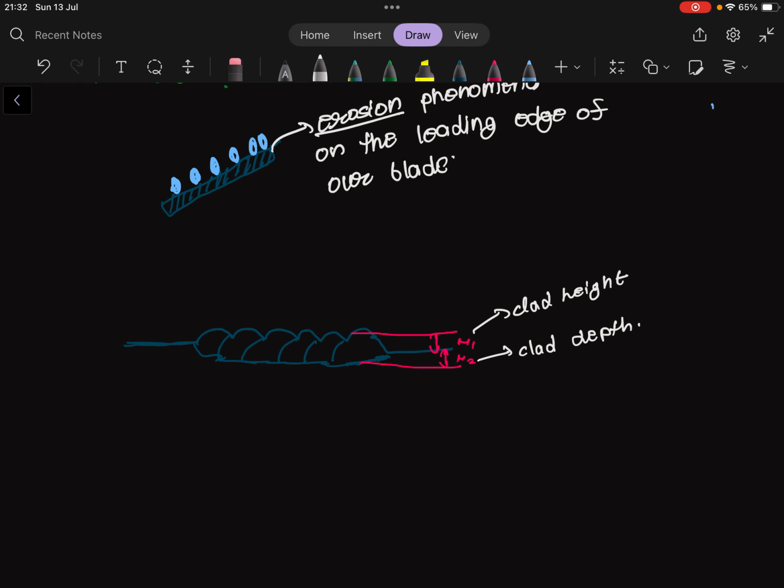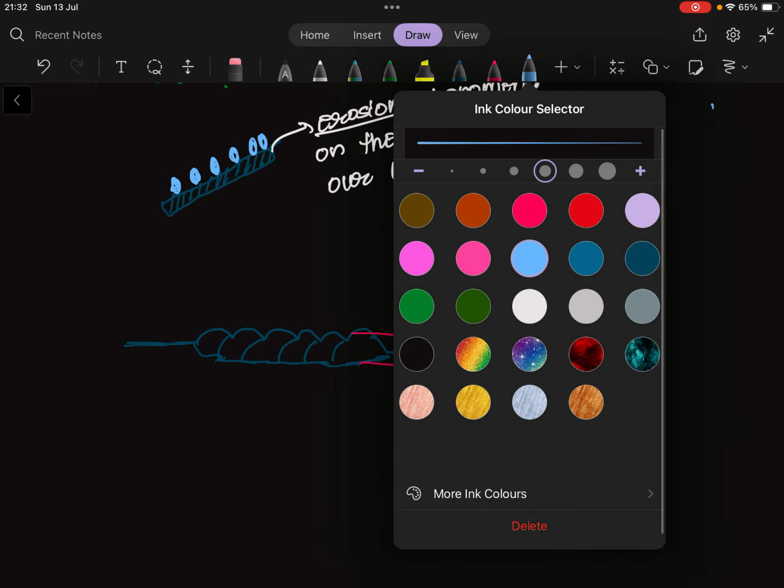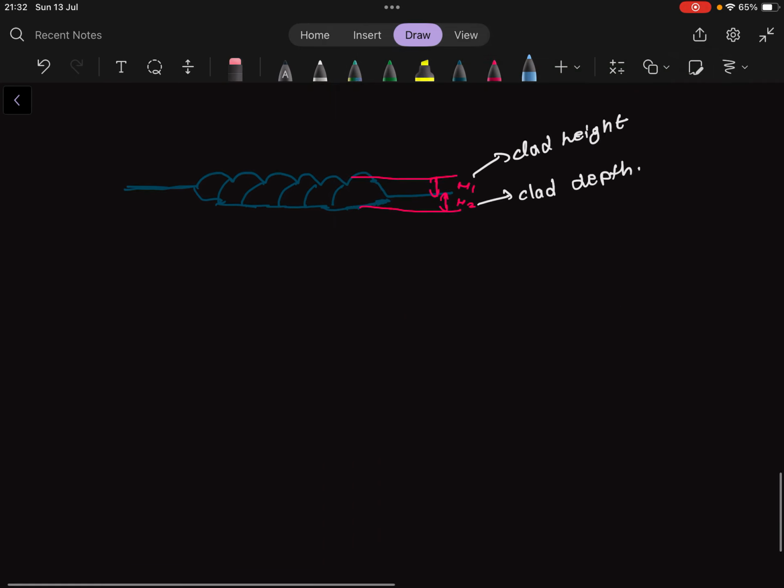And our laser cladding setup looks something like this. Basically, this is the place where we are going to feed the powder.